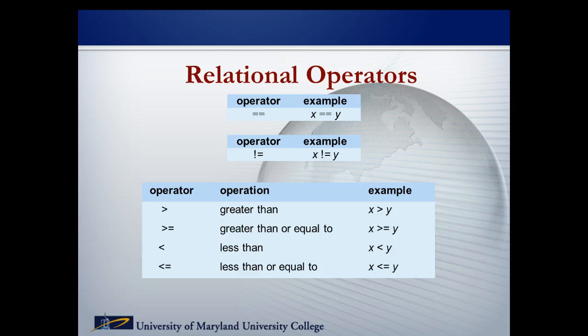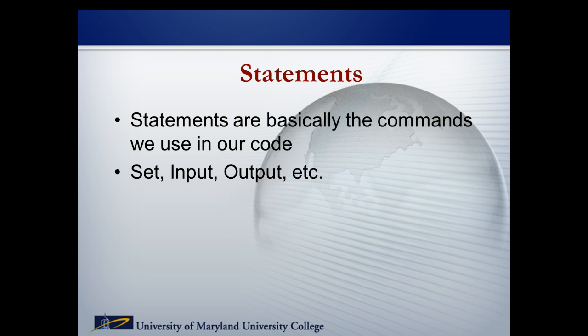And below that is the not. Again, this is the exclamation point we were talking about earlier. Not equal to. So in the example, it has x not equal to y. And you can use that in an if-then statement, and say if x is not equal to y, then do this. And then beneath that we have some other operators: greater than, equal to, less than, equal to, and again those can all be used in our code as relational operators.